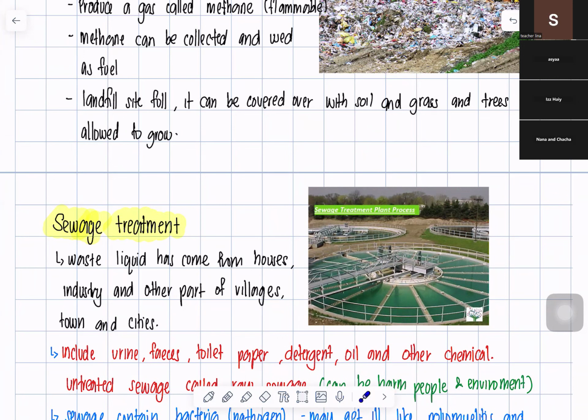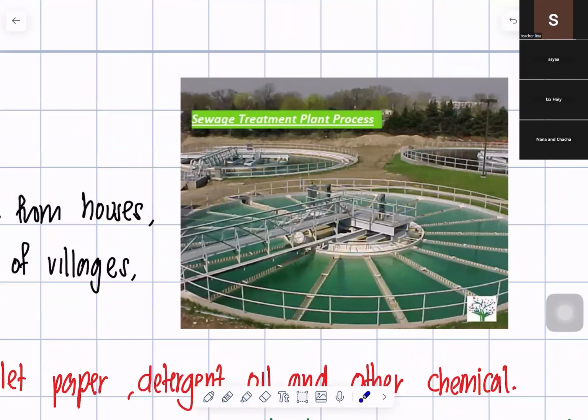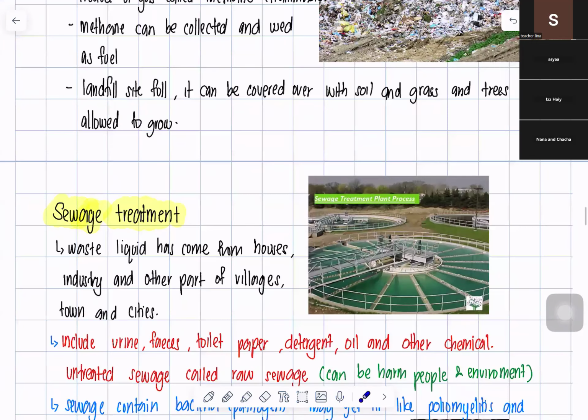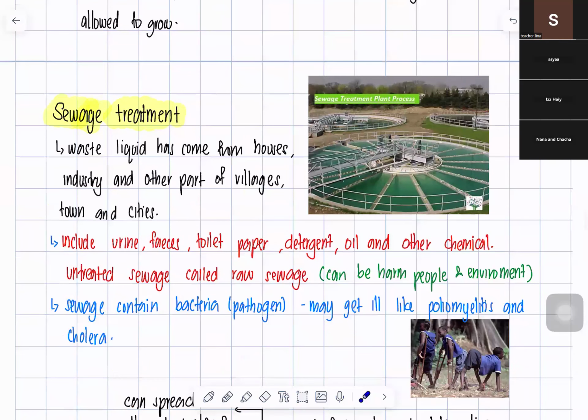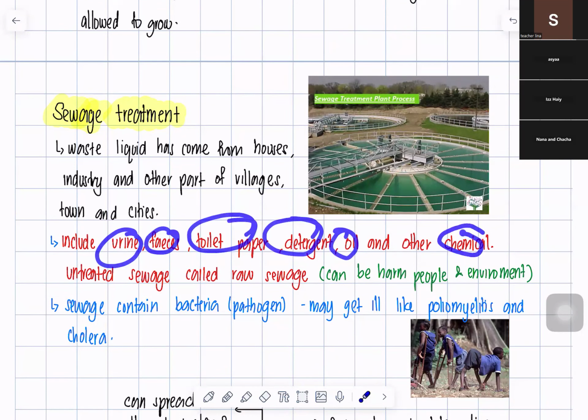Okay, now we go to sewage treatment. This is an example of a sewage treatment plant process. Sewage is waste liquid that comes from houses, industry, and other parts of the town and city. It includes urine, feces, paper, detergent, oil, and other chemicals.